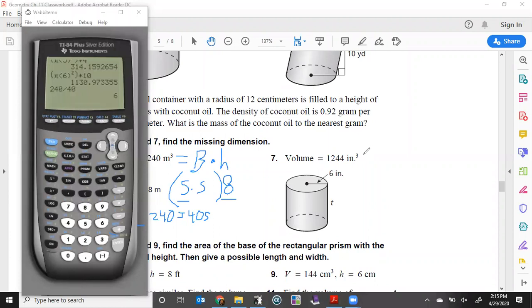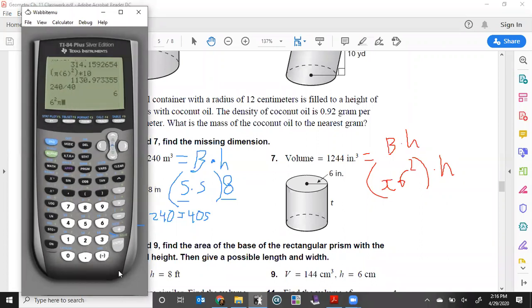Again, over here I have volume equals the area of the base times the height. I don't know the height. They tell me that the radius is 6. So remember, area of base is pi r squared, or in this case, 6 squared, times h. Well, do I know what 6 squared times pi is? Well, 6 squared times pi is that.